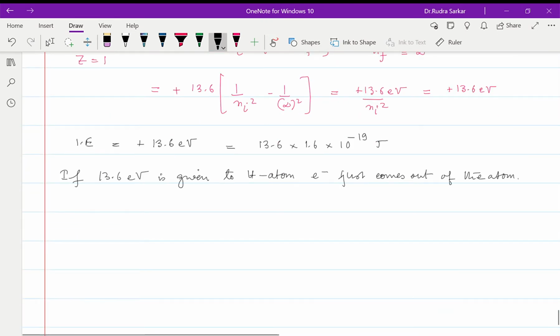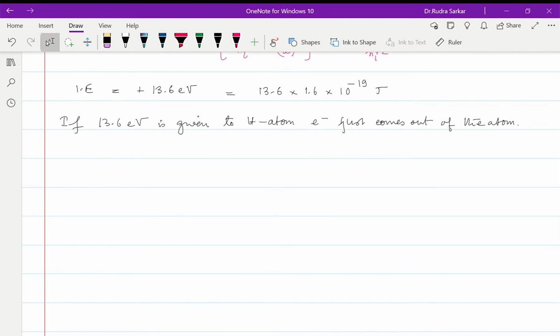Again, if I say I am giving 10 electron volts, do you think the electron will come out? No. So we will say the electron does not come out.